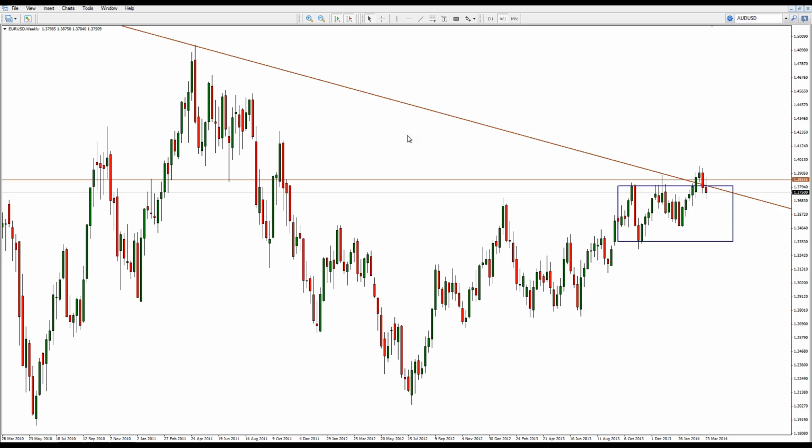So it is very important to read the price.